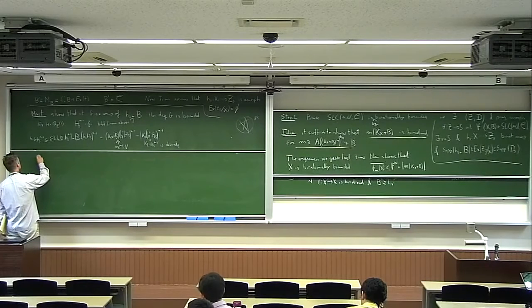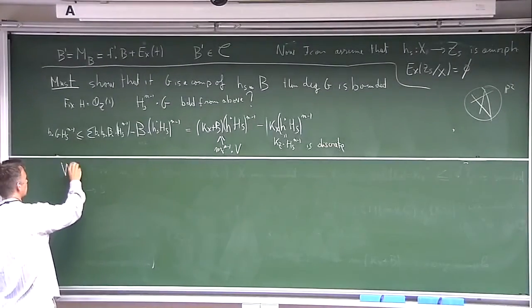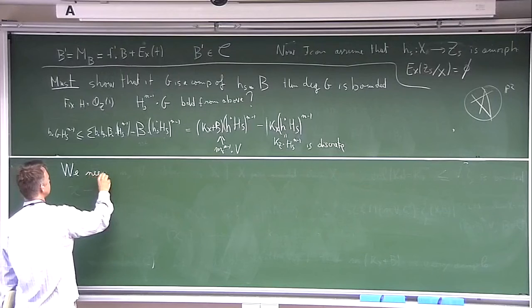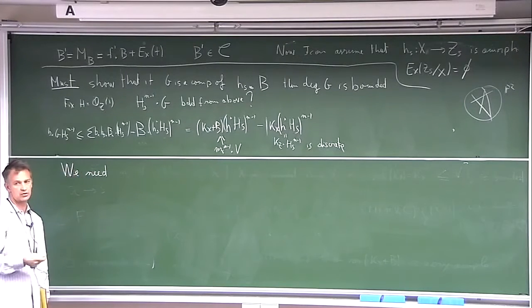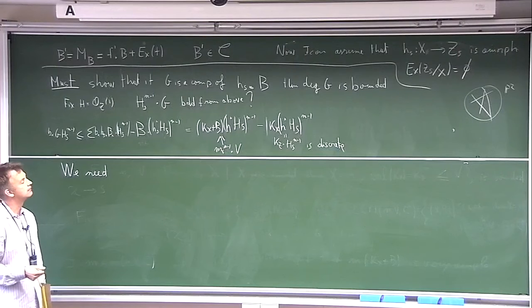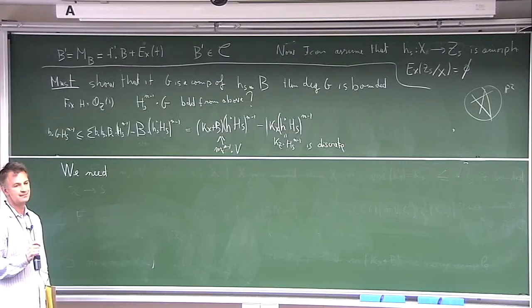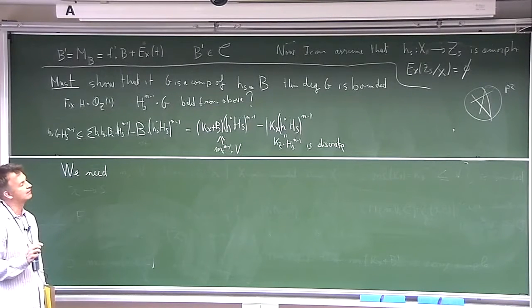So if you remember the argument from last time, what we really need is to be able to cut down log canonical centers. Yes? Is the number Kz dot Hs to the n plus 1 always positive? It could be negative. Yes, it's discrete. Sorry? That is only finitely many.